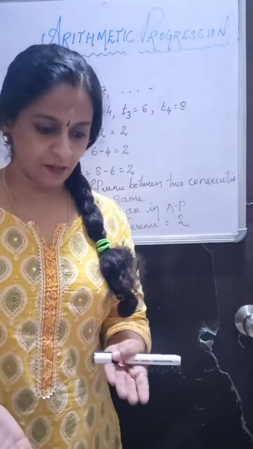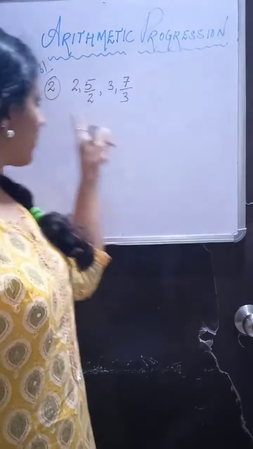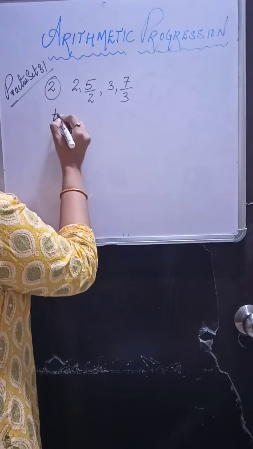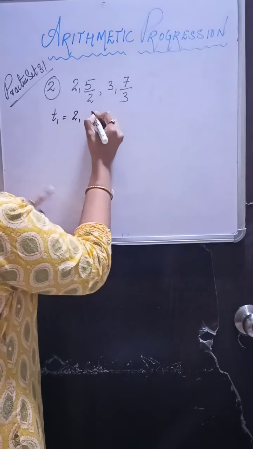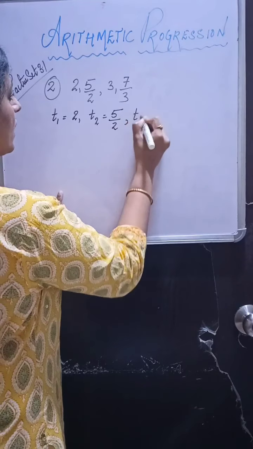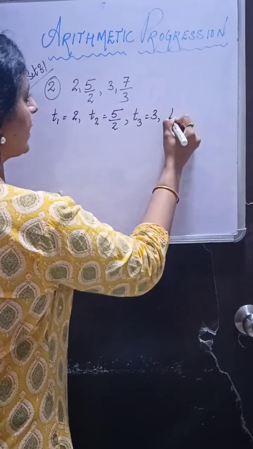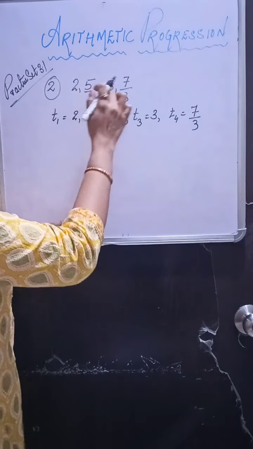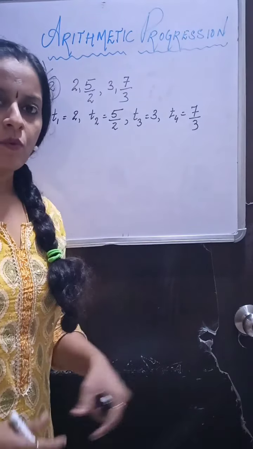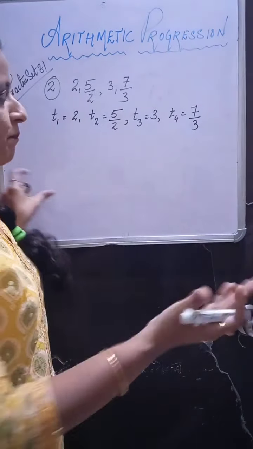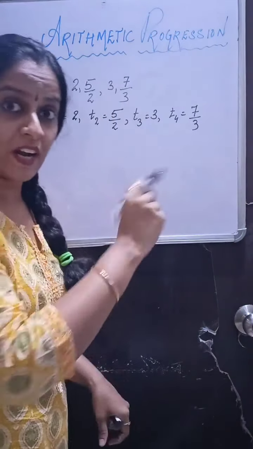Similarly, let us take the remaining sums. Second question. The same way, let us write T1 is 2, T2 is 5 upon 2, T3 is 3 and T4 is 7 upon 3. How will you check whether they follow an arithmetic progression? You will subtract two consecutive numbers, one after the other.